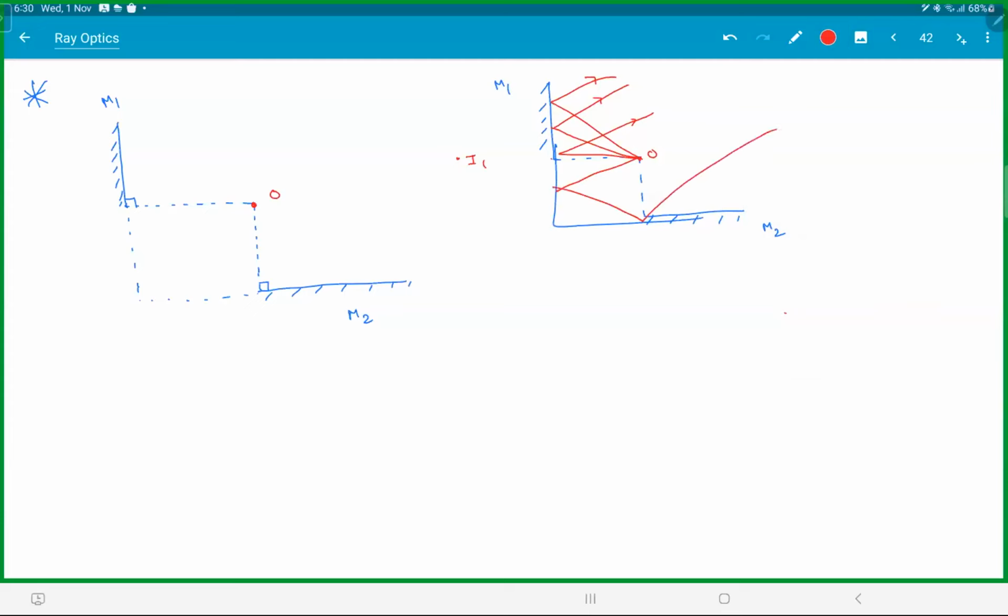So M2 used to think, oh, I1 is also an object. But now not a single light ray from M1 reaches M2 and vice versa. So M2 does not know that I1 exists.